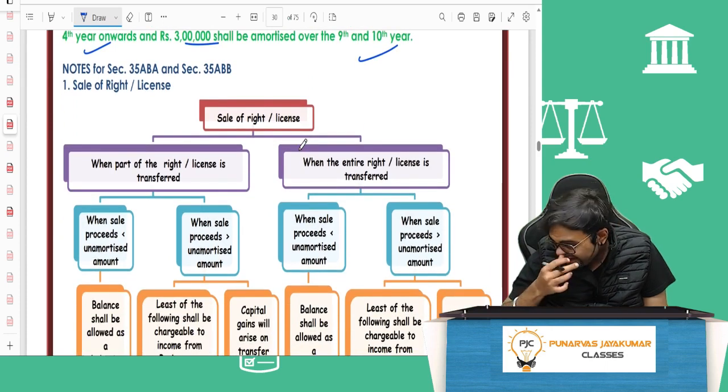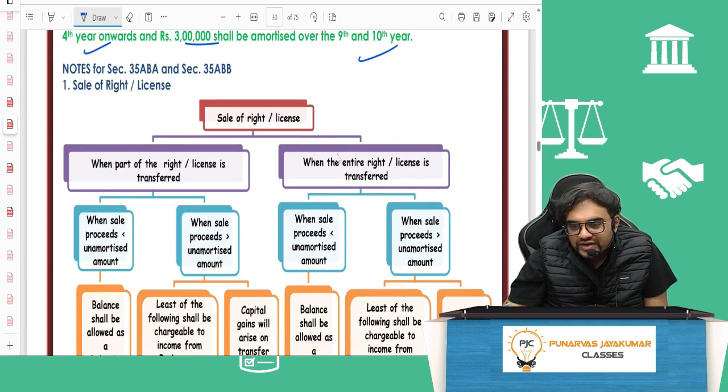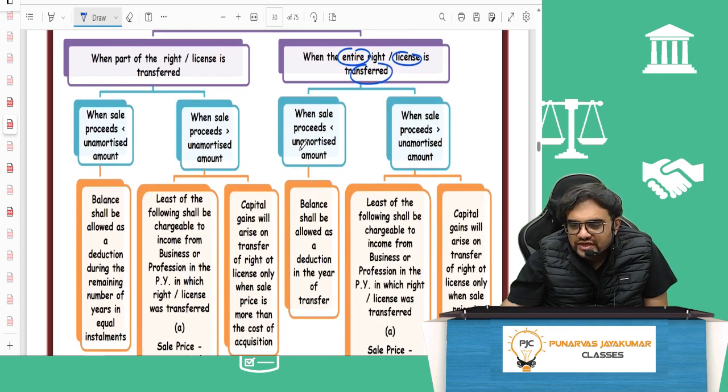So, sale of right or sale of license. When entire right or license is transferred, when sale proceeds is less than the unamortized amount, balance shall be allowed as a deduction in the year of transfer.